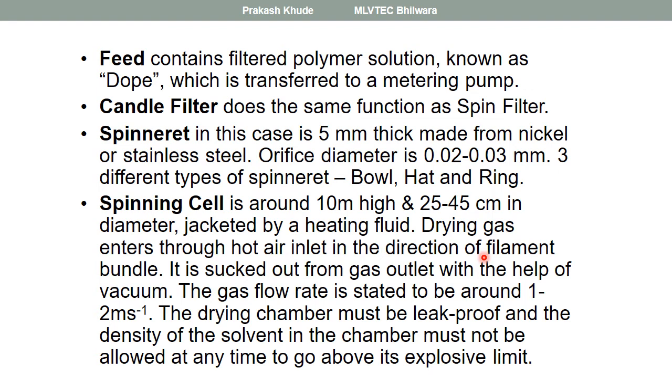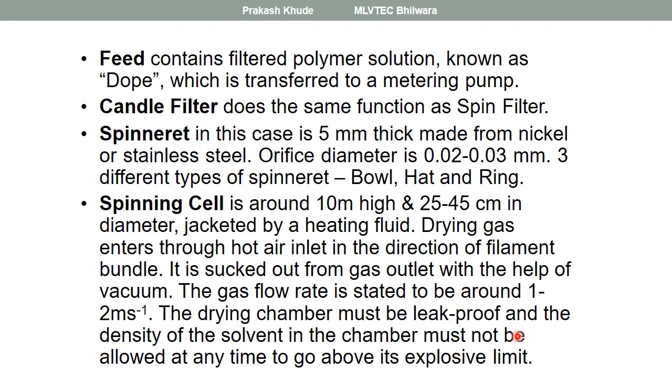At the same time, it evaporates the solvent. It is sucked out from the gas outlet with the help of vacuum, and the gas flow rate is around 1 to 2 meters per second.